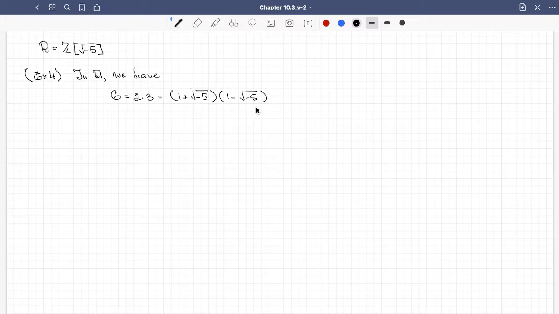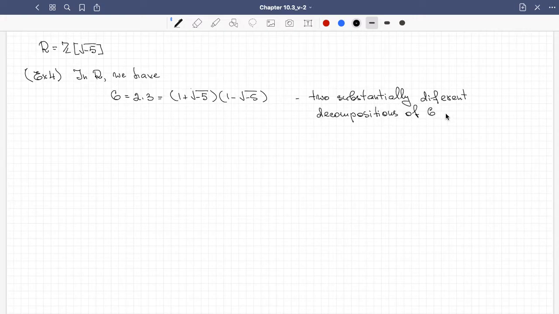So we will check that these are indeed two substantially different decompositions of six into a product of irreducibles.